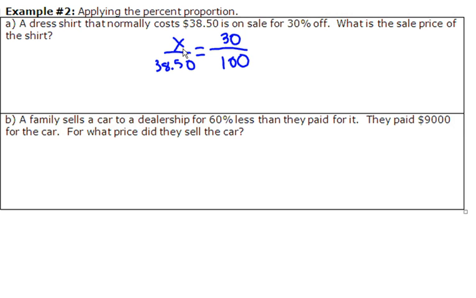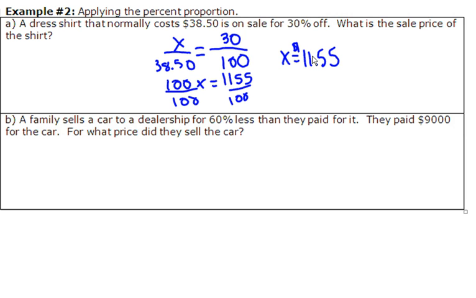So now I'm just cross multiplying. X times 100 is 100x. 30 times 38.50 is 1,155. So I'm going to go ahead and divide by 100. So I get that x equals 11.55. Now here's where you need to be careful. That's not my answer. This is the 30% discount.